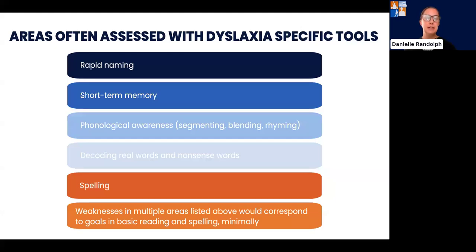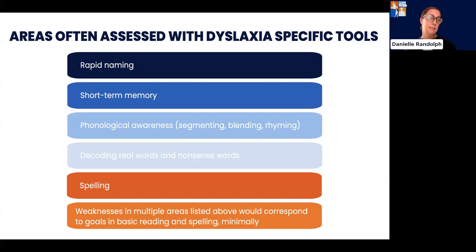In some of these assessments, it's going to be, list in a minute as many animals as you can think of, or list as many foods as you can think of. Sometimes it's just honestly a list of letters. How quickly can you name these letters in random order? So that's an area that we look at for dyslexia that, again, like I said, isn't often captured in some of these other assessments that are being done.